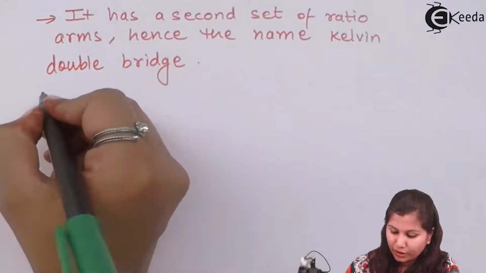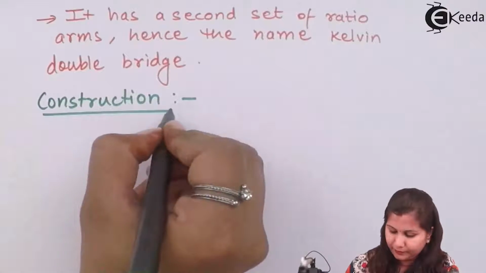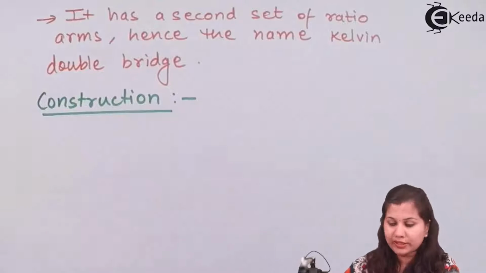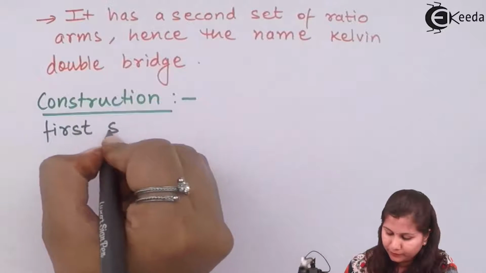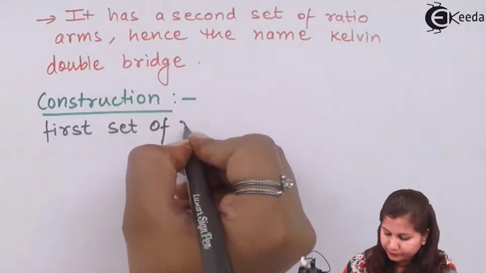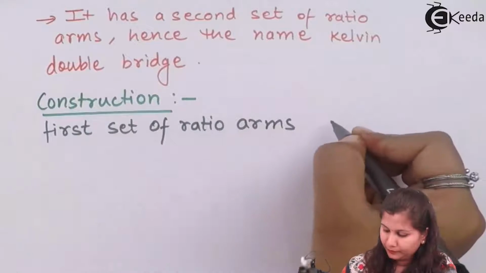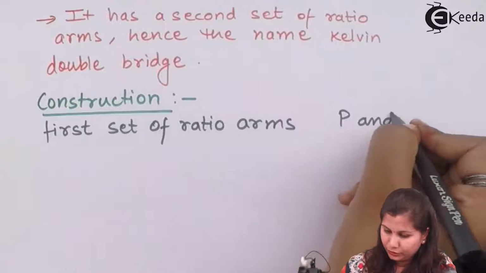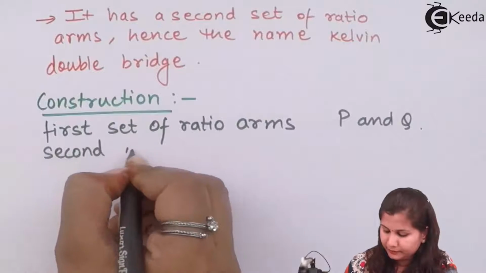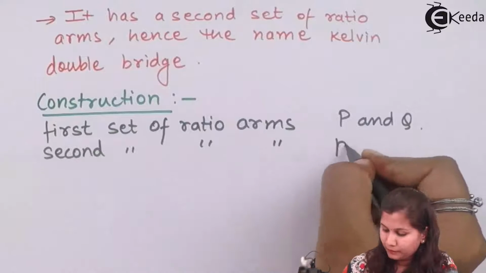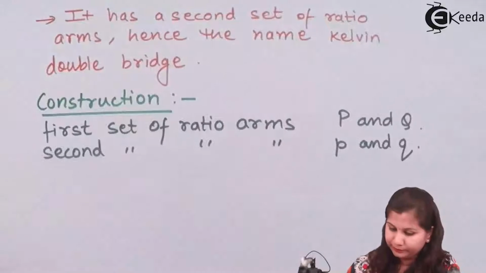So if we see the construction of this bridge, it will have two sets. First set of ratio arm will be P and Q, and second set of ratio arm will be small p and small q.